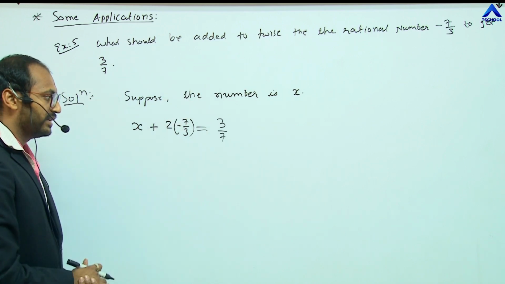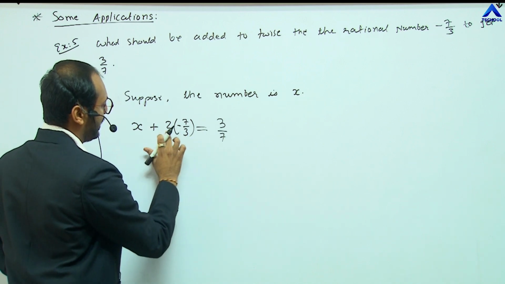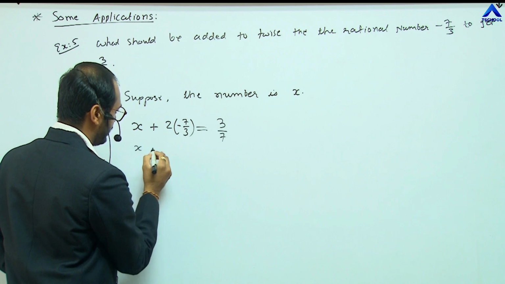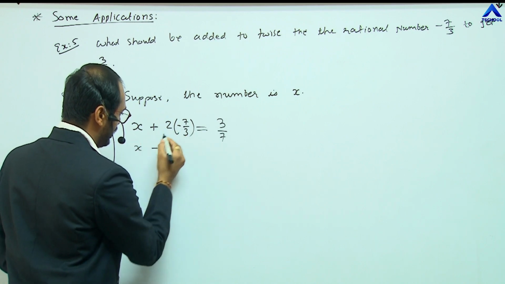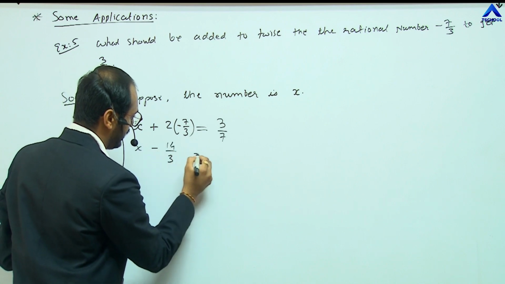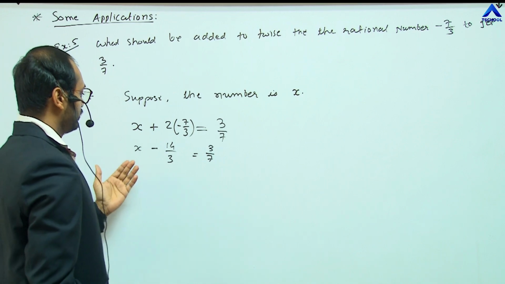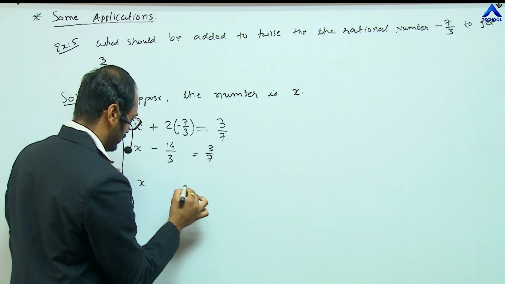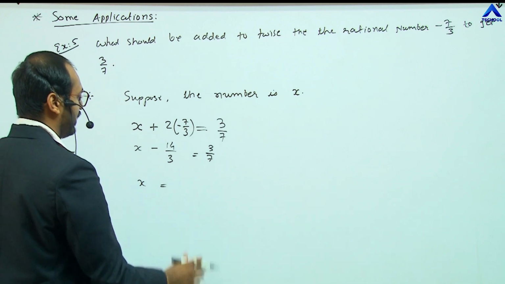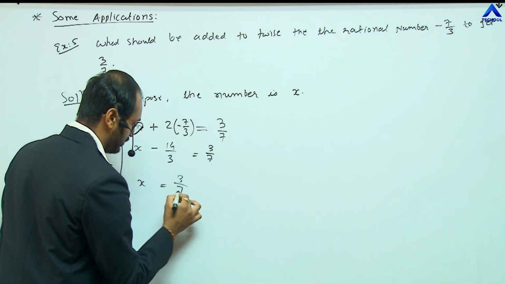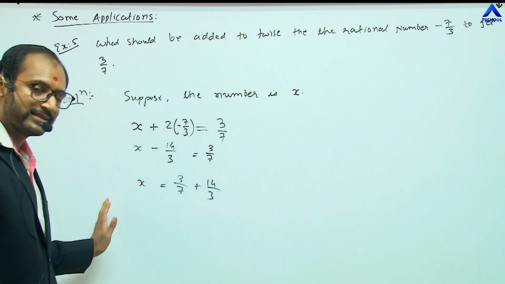Now let me solve this. So here x plus 2 times minus 7 by 3, that is minus 14 by 3, equals 3 by 7. Now to make x alone on the left hand side, we have to add 14 by 3 on both sides.